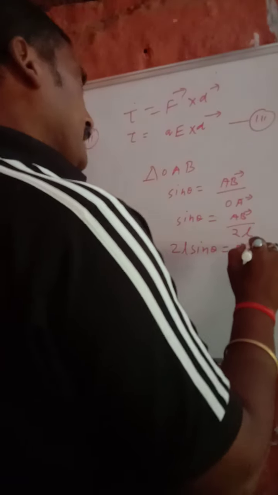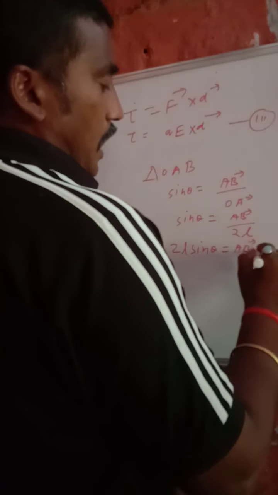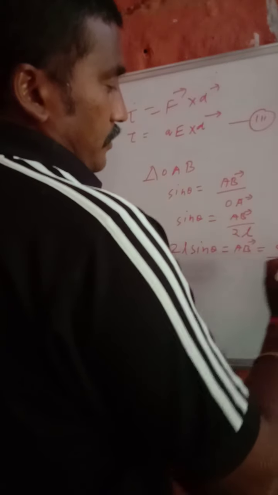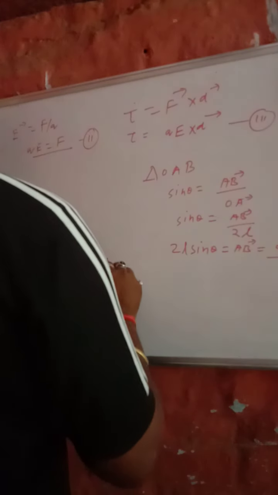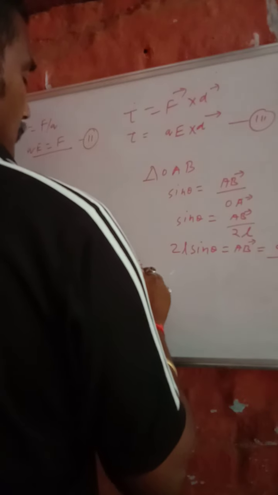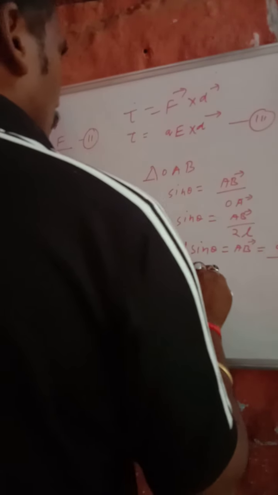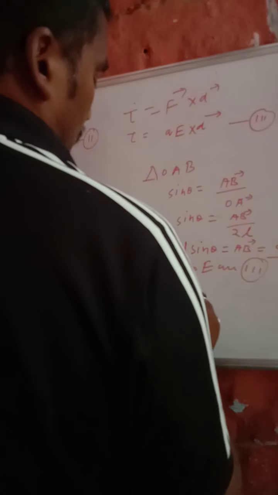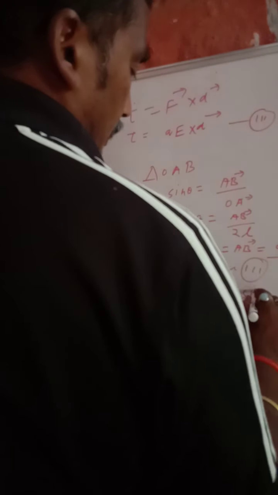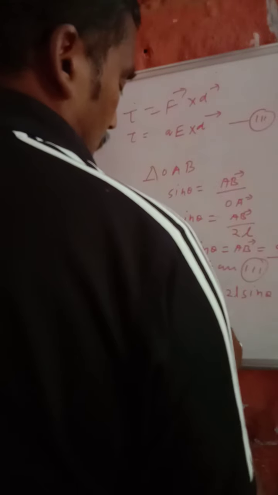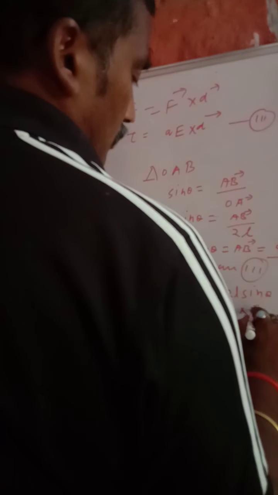Now 2L sin theta is equal to vector AB, which represents the displacement d, and we put the value of d from equation 4 into equation 3rd. Tau is equal to QE into 2L sin theta, Q into 2L into E sin theta.